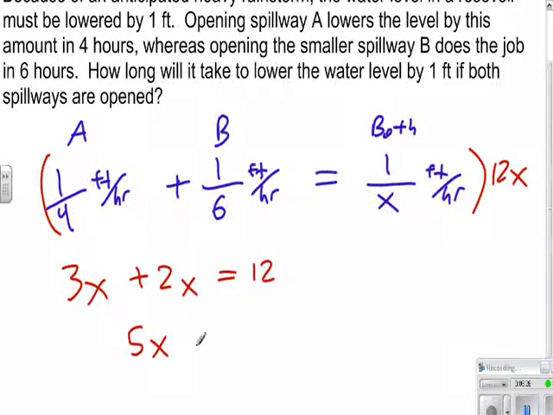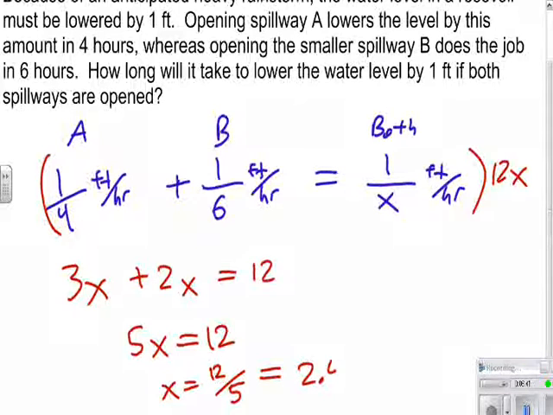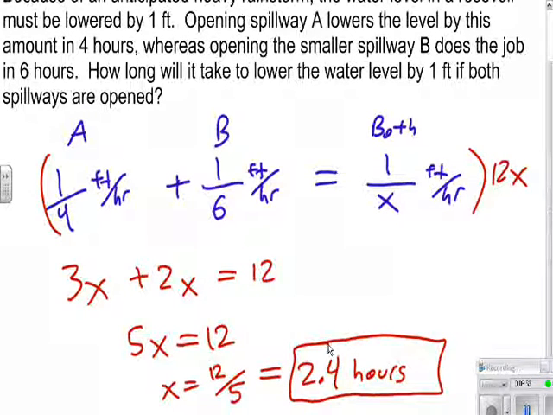So combine like terms, 5x equals 12, x equals 12 over 5, which is 2 2/5, or 2.4 hours, because x was hours, the time on the bottom. So it'll take 2.4 hours for them to both lower the water level.